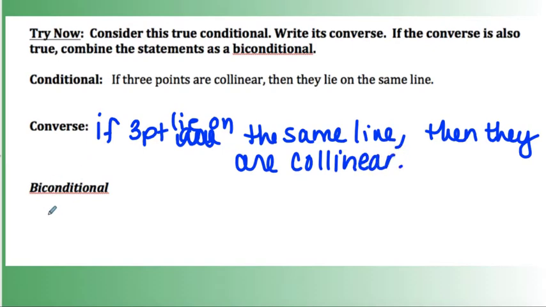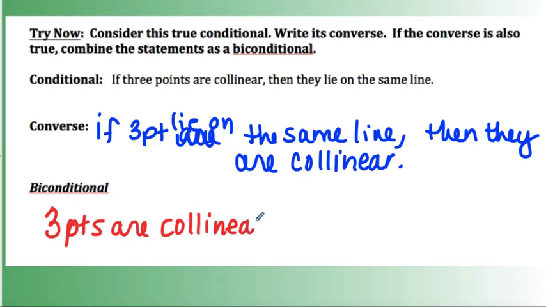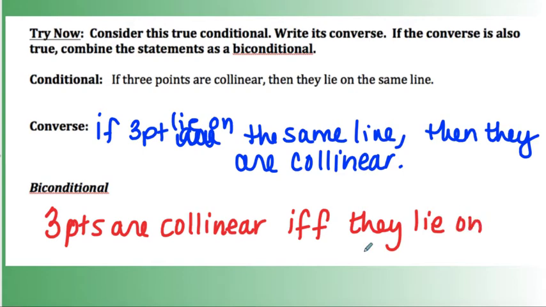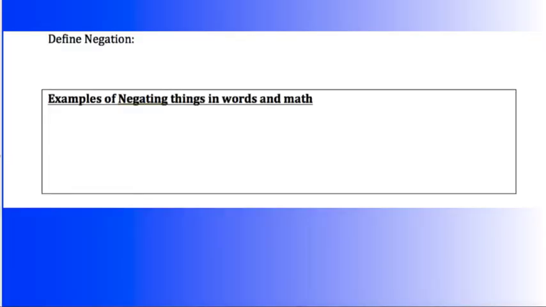Biconditional, put it together: 3 points are collinear if and only if they lie on the same line. So the way we write a statement in geometry can actually change its meaning. And we always would love it if we could write a biconditional because that means it wouldn't matter.